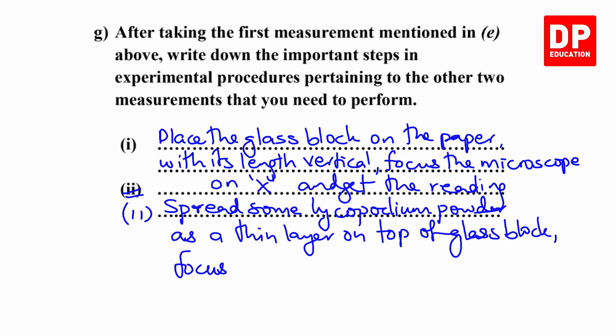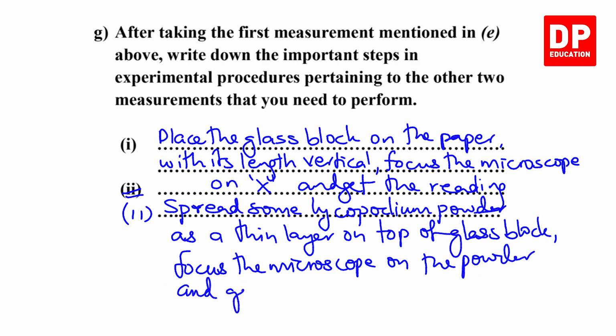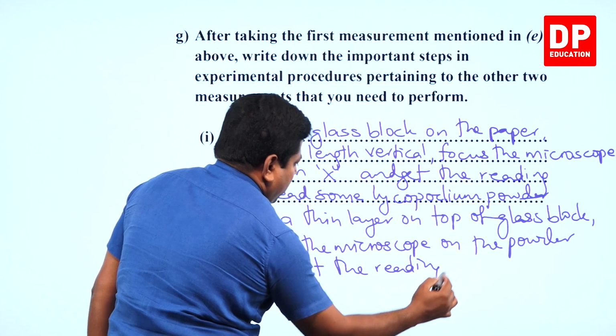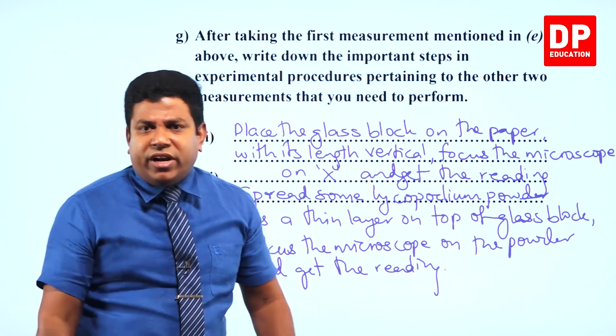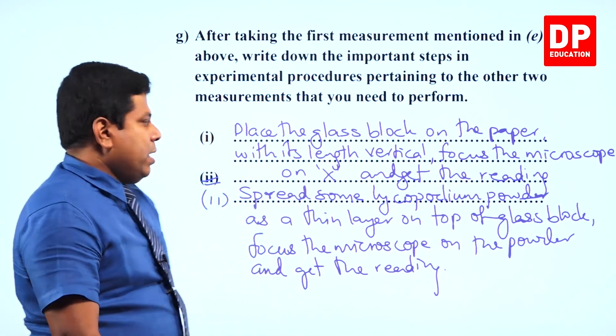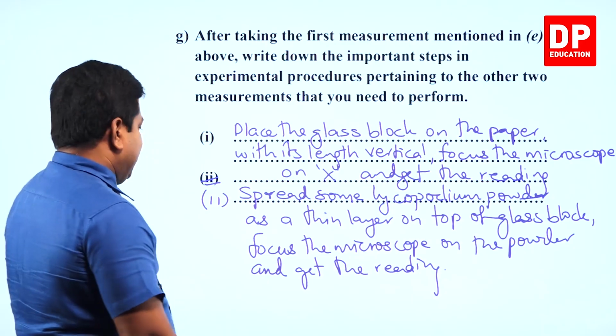Focus the microscope on the powder and get the reading. We have done this. This is the experiment we have done. So it's not that difficult for you to write it. It's very simple. Those are the next two steps you have to write.